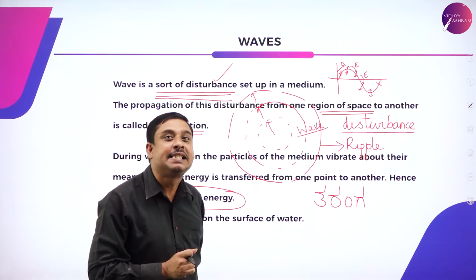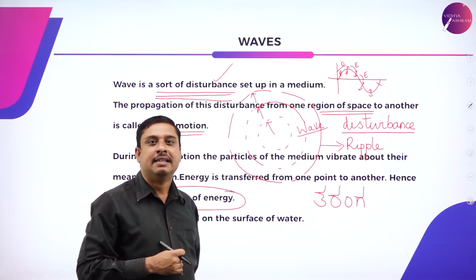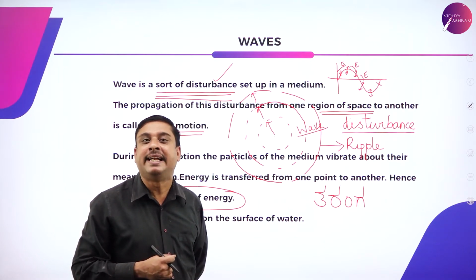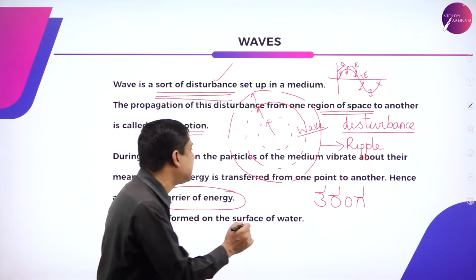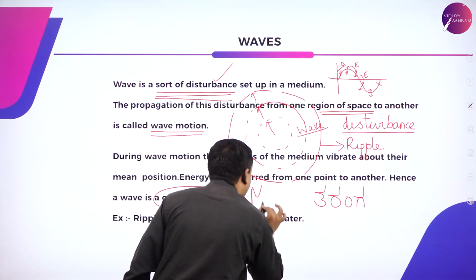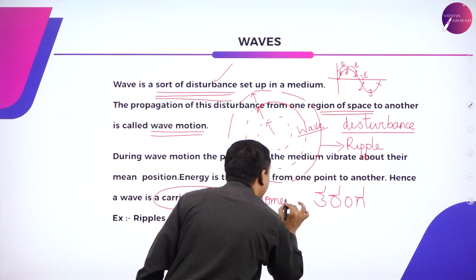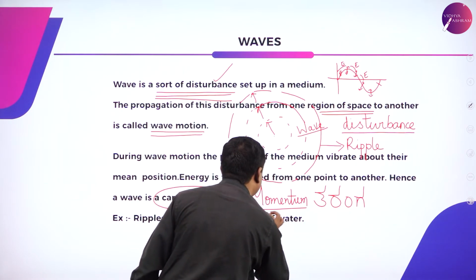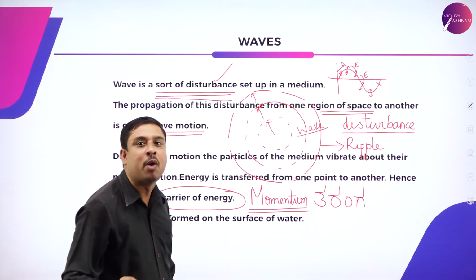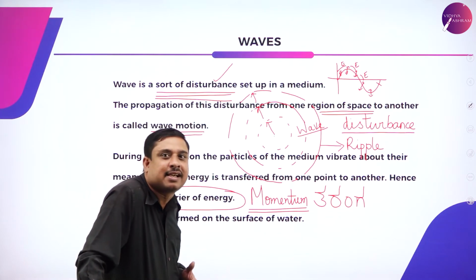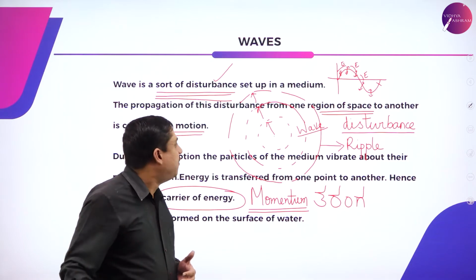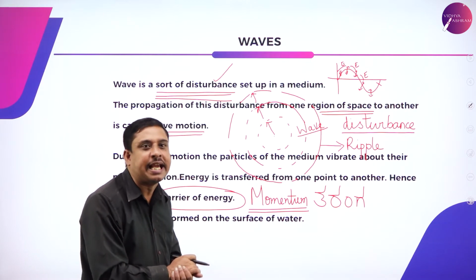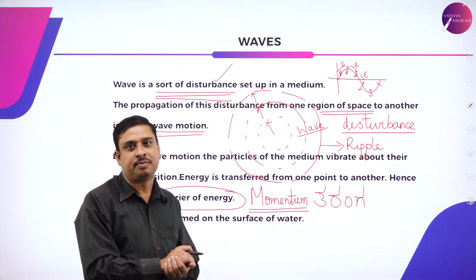When energy is transferred, there is another physical quantity which is transferred. What is that? Yes, along with energy, momentum is also transferred from one region to another. So we say classically, a wave is a carrier of energy and momentum.